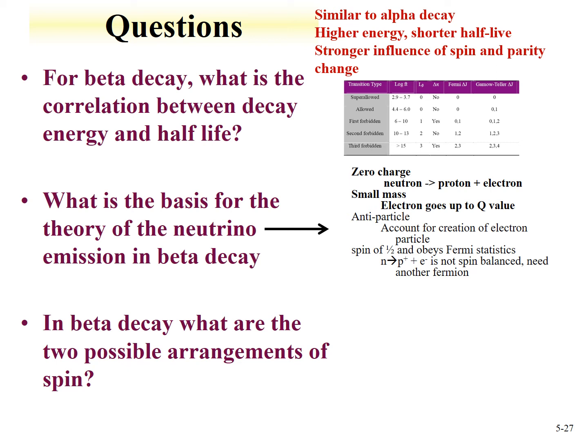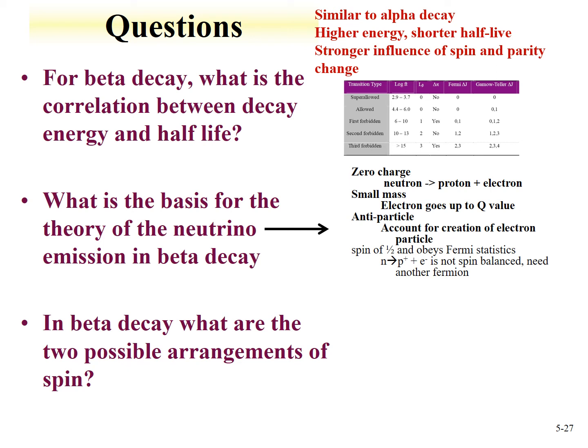The particle should also be an antiparticle. For instance, when we talk about the neutrino in beta decay, we're actually really talking about the antineutrino. If we have a proton and an electron produced, we need to produce an antimatter particle. That's the antineutrino.